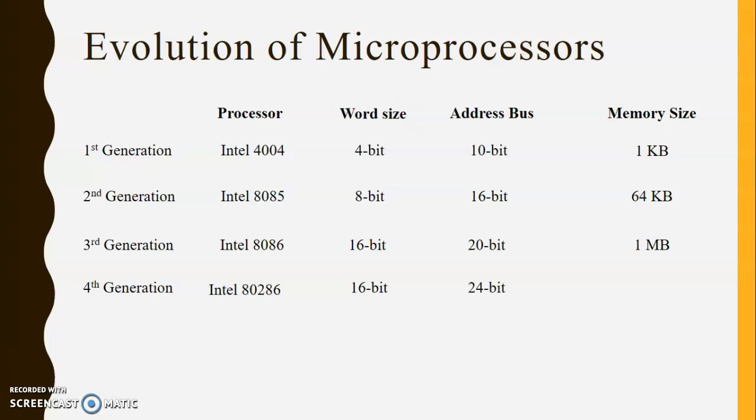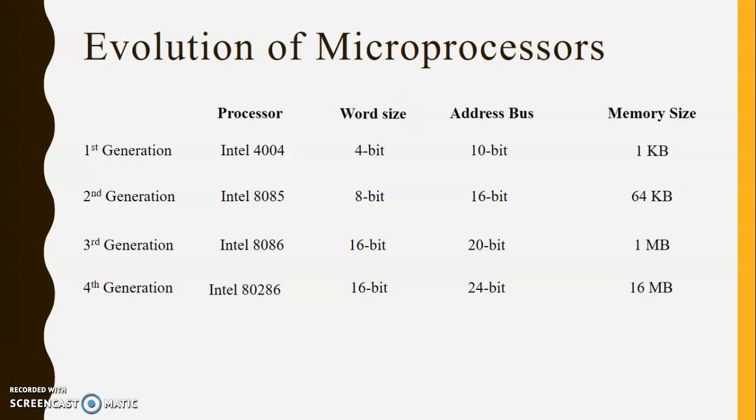The address bus size for Intel 80286 is 24-bit and memory size for Intel 80286 is nothing but 2 raised to 24. Let's calculate again. 2 raised to 20 is 1 megabyte and 2 raised to 4 is 16. So making the total memory size equals to 16 megabyte.